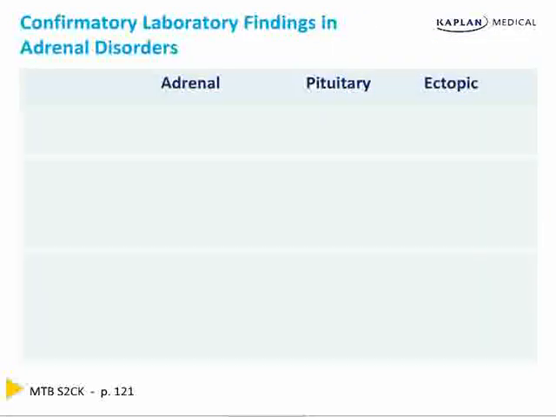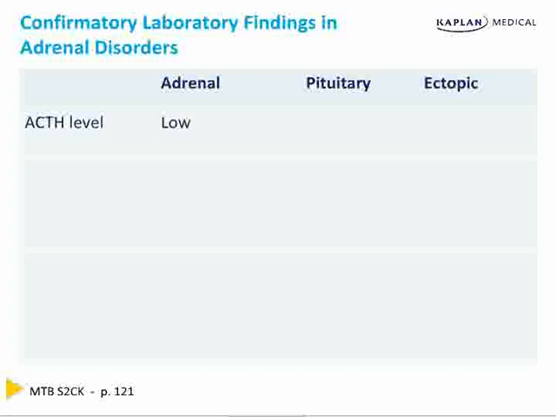Let's summarize the confirmatory laboratory findings in adrenal disorders and hypercortisolism. First off, the ACTH level. Now remember, this is in a person we've already established has hypercortisolism. If you know that there's hypercortisolism, where is it from?